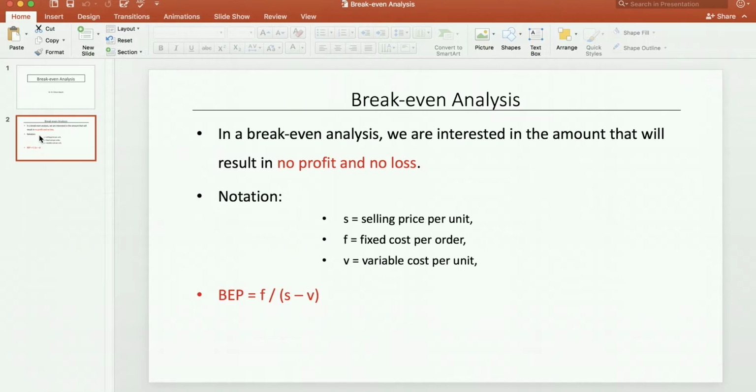If we divide the fixed cost by the difference between the selling price and the variable cost, we will be able to find what the break-even value is.